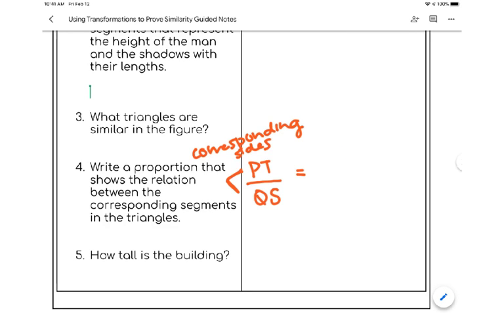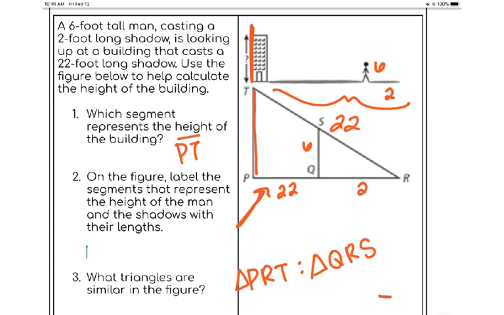Okay, so let's look at a different corresponding side. So let's look at the shadows. So we know that PR is corresponding to QR.